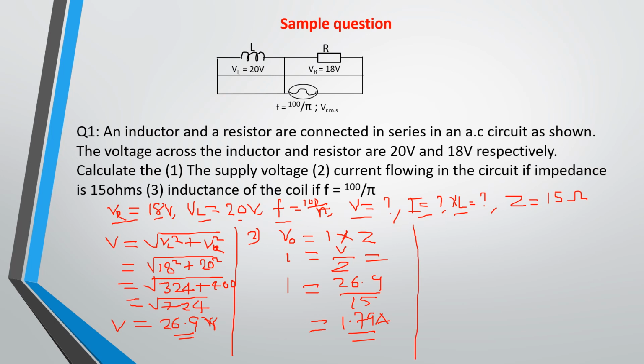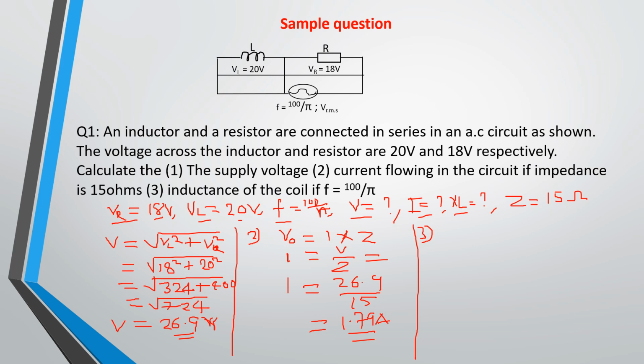Now the third part of this question says that you find the inductance of the coil if the frequency is equals to 100 over pi. Alright, now from our previous discussion, or from our previous video, before you can find the inductance of the coil, you must first of all look for the inductive reactance of the coil.